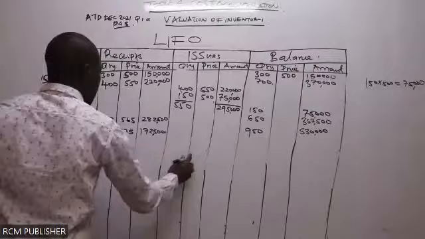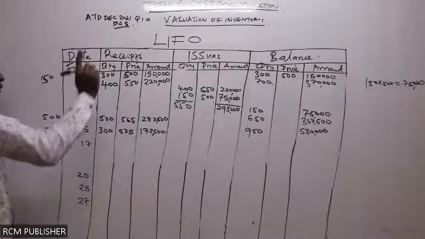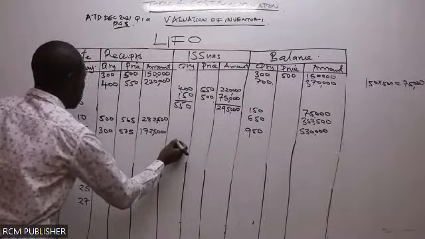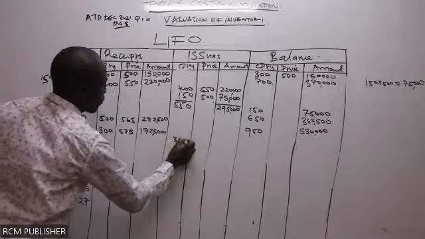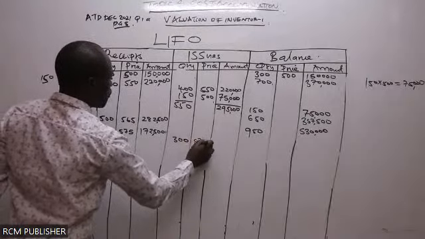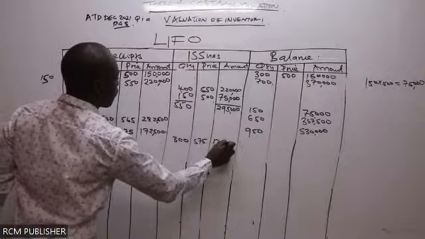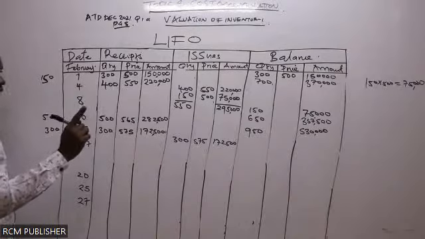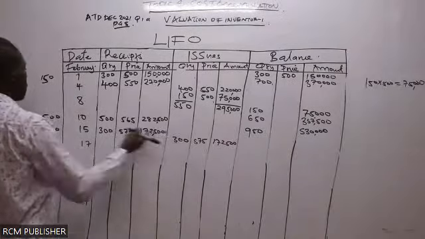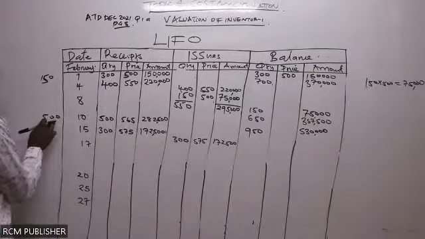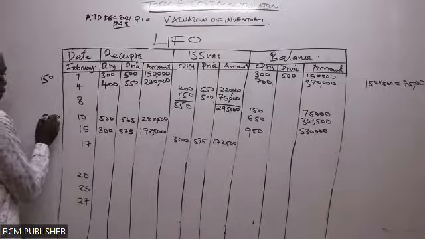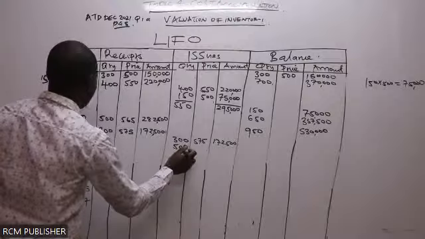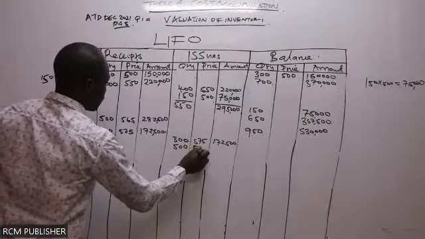If I want to take away 850 and my method is LIFO, I first eliminate the last stock, which is 300, brought in at 575, worth 172,500. I move to the next one. I still need 850, but I've only taken 300. So this one is now taken away. I come to this part. I take this 500. When I add it to 300, it is still less than 850. But I will take that 500 brought in at 565.